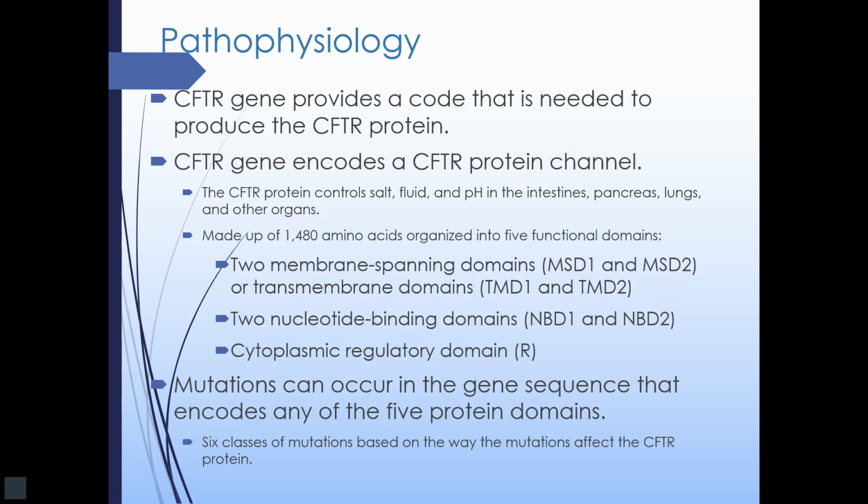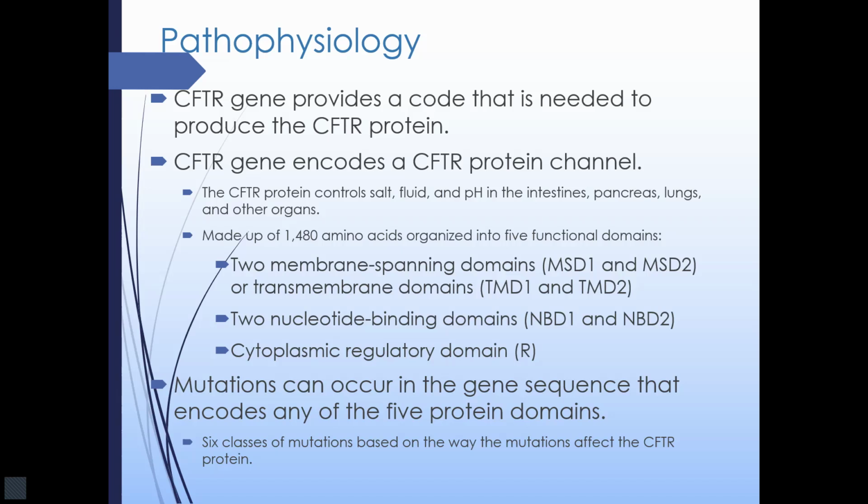So why does this CFTR mutation affect patients? The CFTR gene provides a code that's needed to produce the CFTR protein. The CFTR protein will go up to a cell and it will cause that cell to open up so that the chloride channel is open.